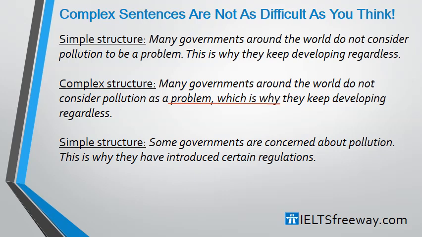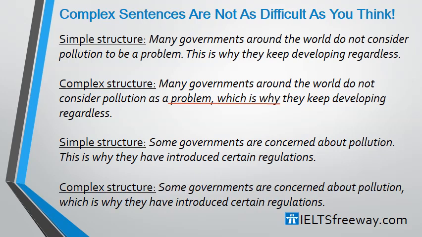And again, let's turn these 2 simple sentences into a complex structure. Some governments are concerned about pollution, which is why they have introduced certain regulations. There we go, we've turned 2 simple sentences into 1 complex structure. That's the type of thing we're looking for.